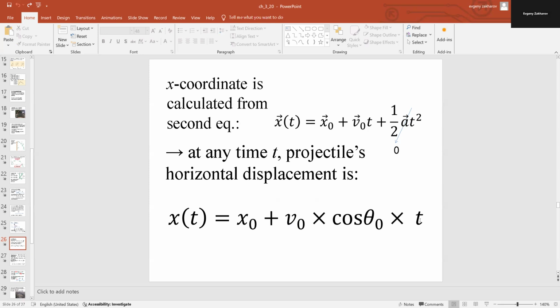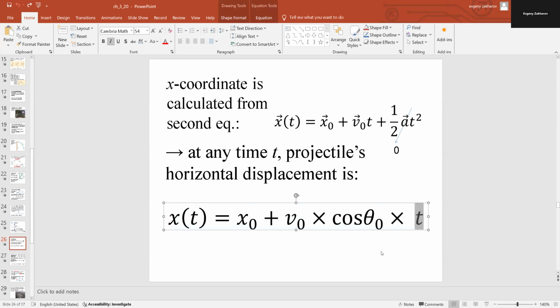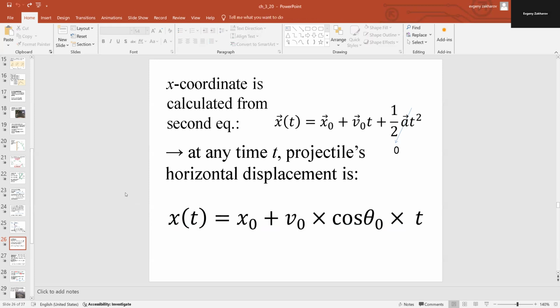Times the time. So if you want to know the range that your projectile is going to travel, all you need is to figure out the time that it's going to take to get there and the initial velocity. And that's all you need to calculate the distance, the displacement for the x component of motion.